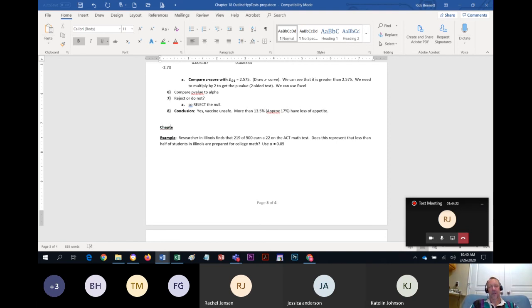Chapter 18 focuses on the one sample mean with standard deviation known.